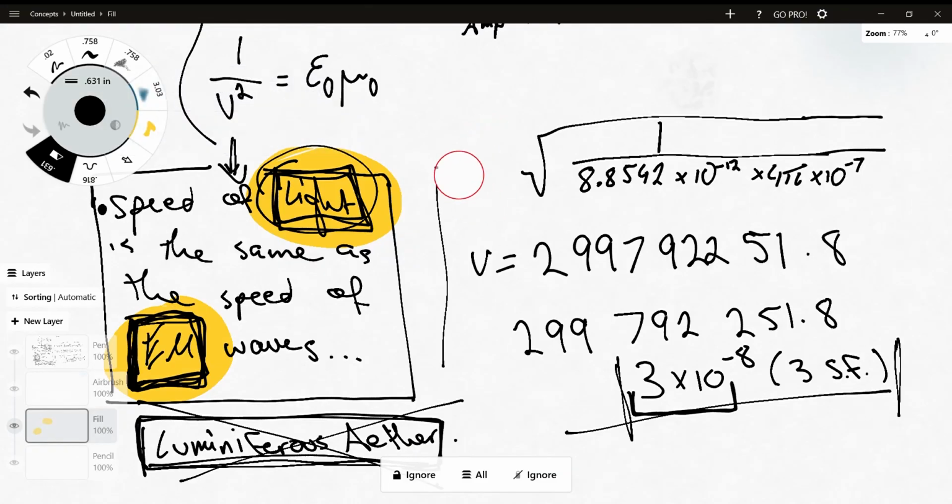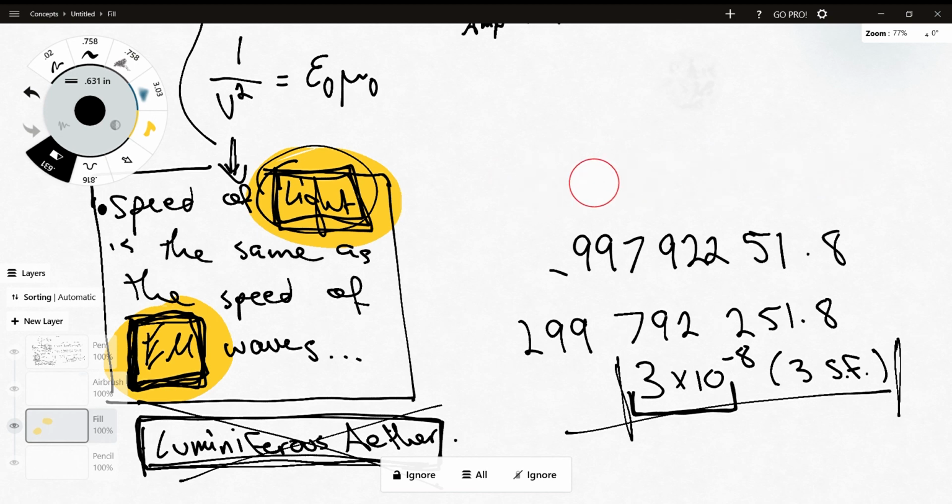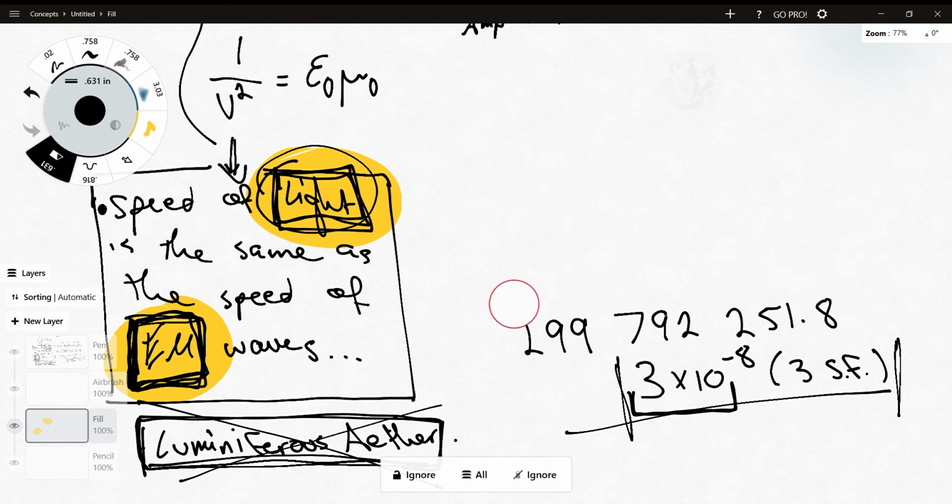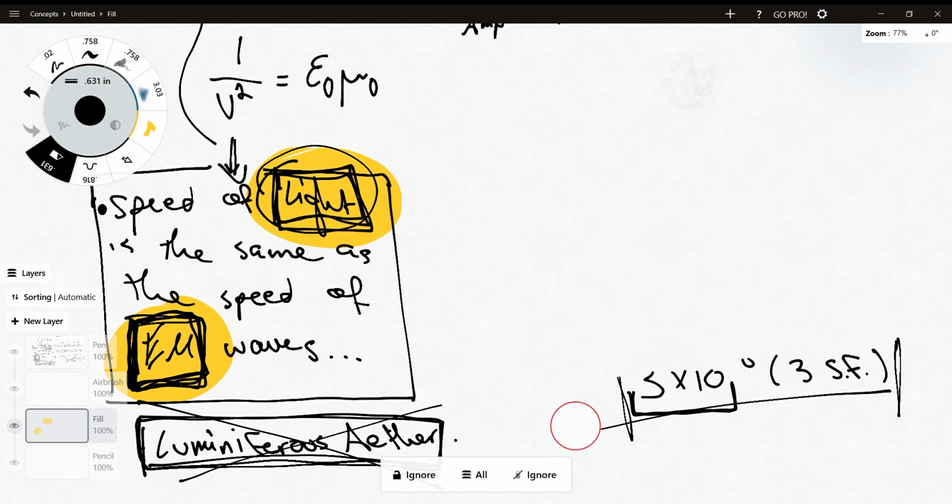And we know that they both are not waves in the traditional sense of water rippling or sound in the vibration of particles in the air. We know that they're not mechanical waves.